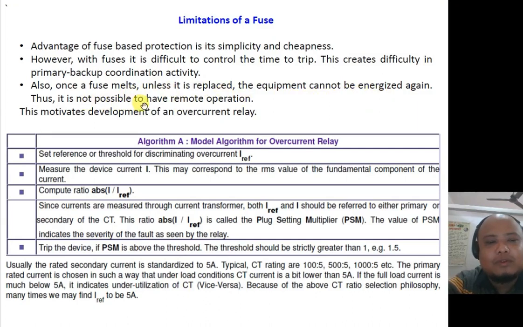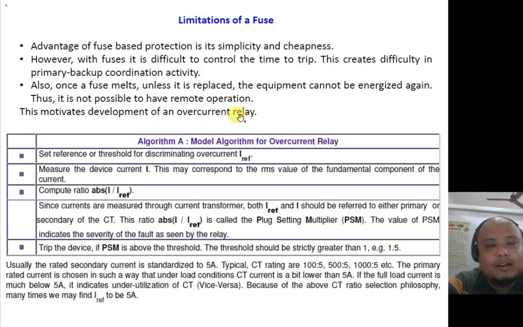Thus, it is not possible to have remote operation. If personnel are not present at the location, fuse operation is not possible. Fuse operation is not possible for multiple uses. So this motivates the development of an overcurrent relay, which can be used again and again.